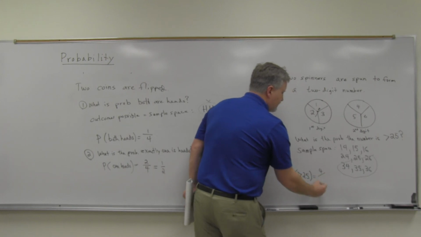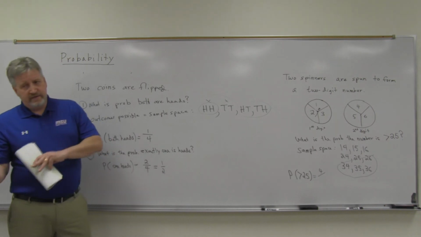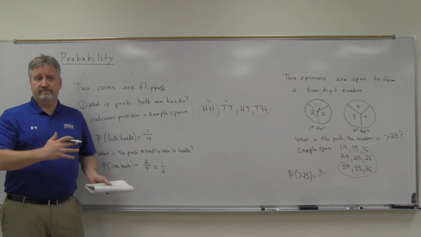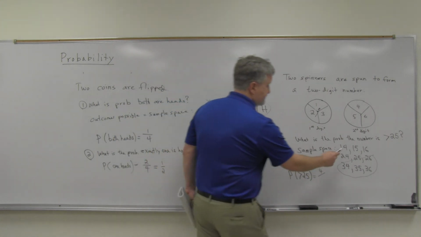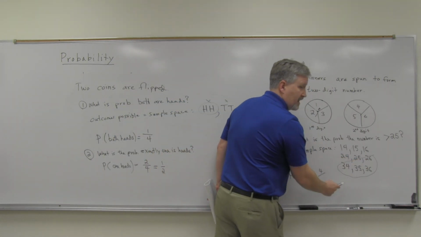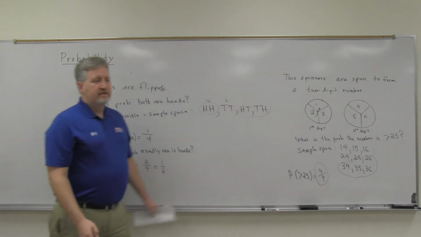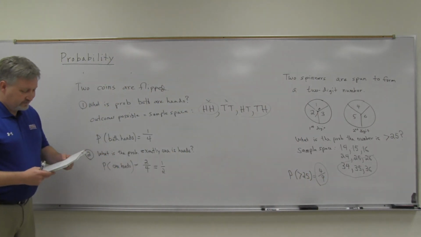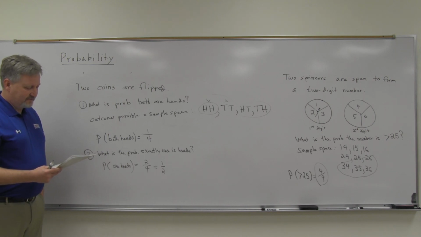So we got 4, and then, again, this is going to be a fraction. And so what's the bottom part of the fraction here? Well, it's just the total number there are, right? 9? Yeah.